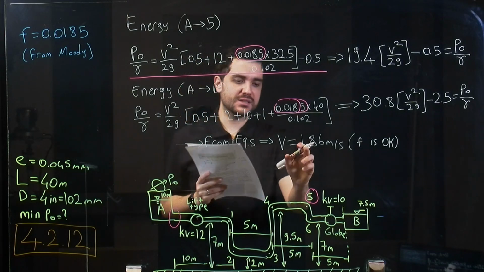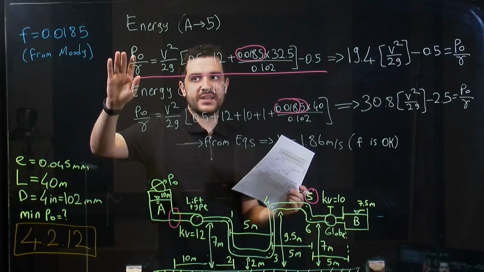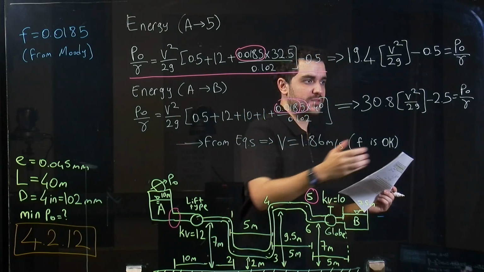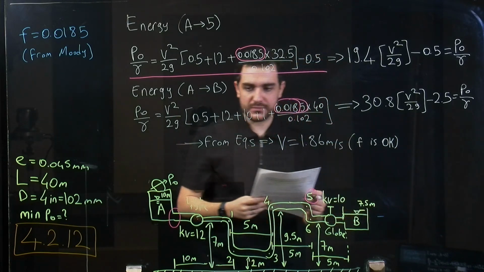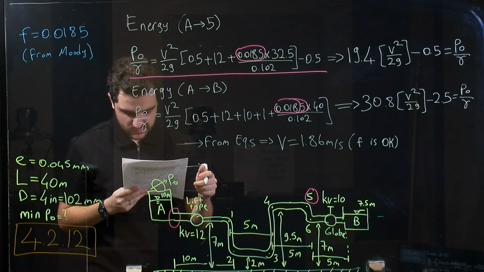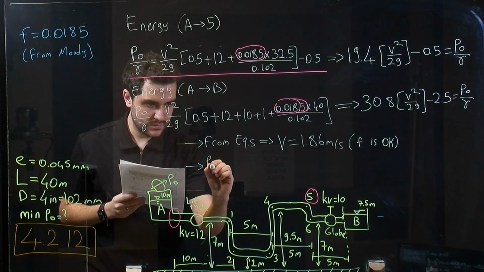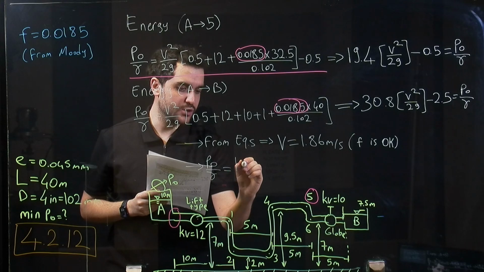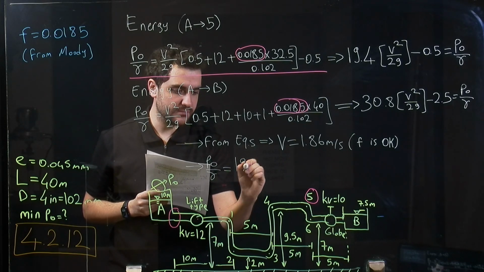And since we calculated the velocity, we can use either equation, either this one or this one, so that we can get the PO value. Let me use this first equation.